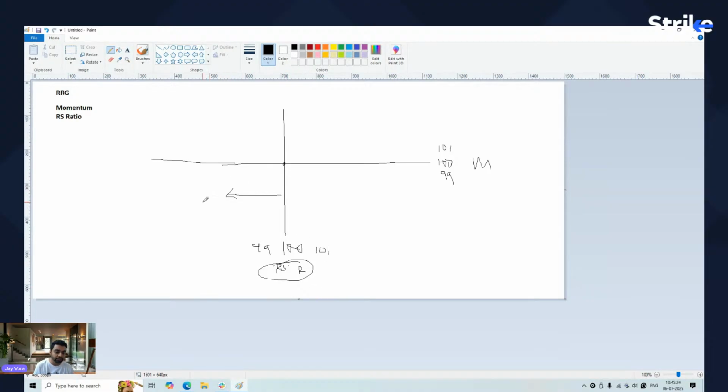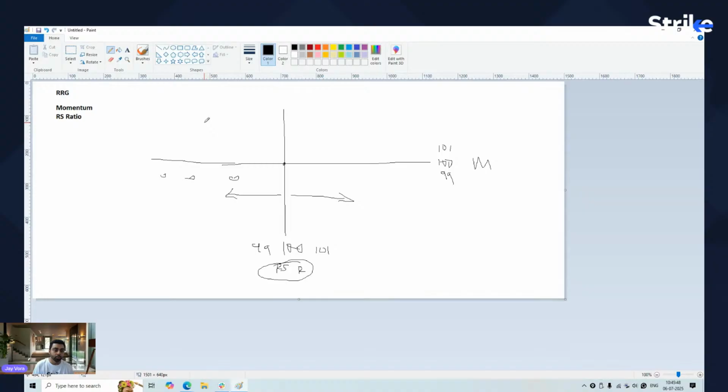That's why the relative strength is on the left hand side. Depending on where they are, it will tell you the sort of underperformance that they have seen. Anything on the right hand side means that they are stronger than the benchmark.